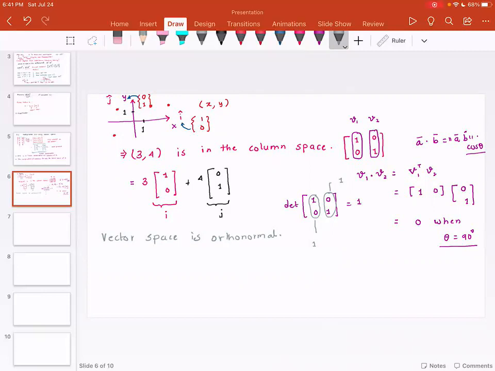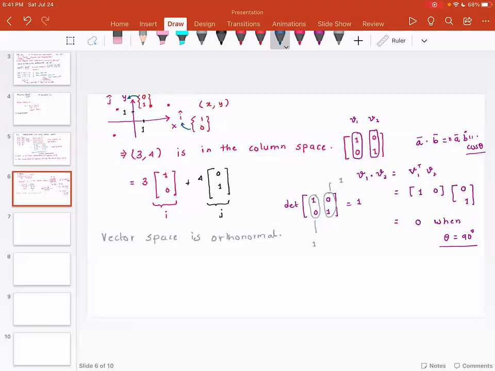So if you want to express the location of any point in the space, essentially what you would do is take these two orthonormal vectors, or the column space, and multiply by some scalar constants.